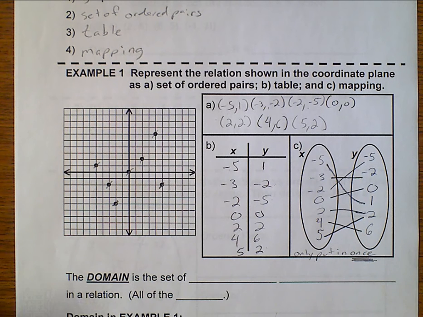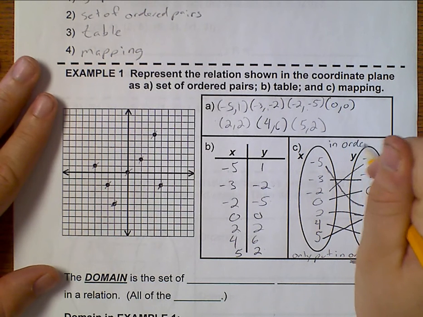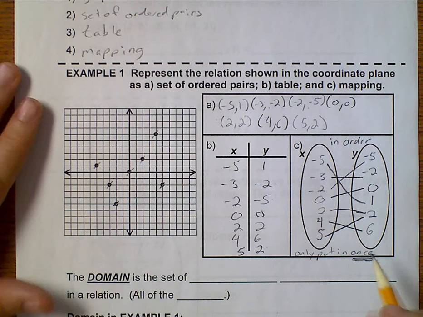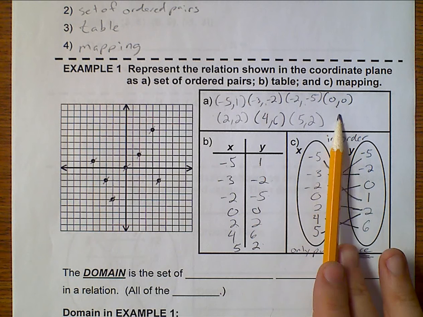And that's how a mapping is done. You put your numbers in order, and you only put them in once, and then you connect them. So we've got graph, set of ordered pairs, table, and mapping.